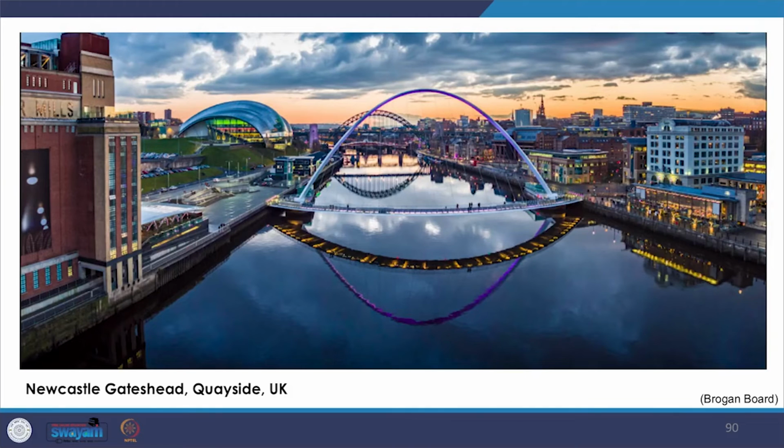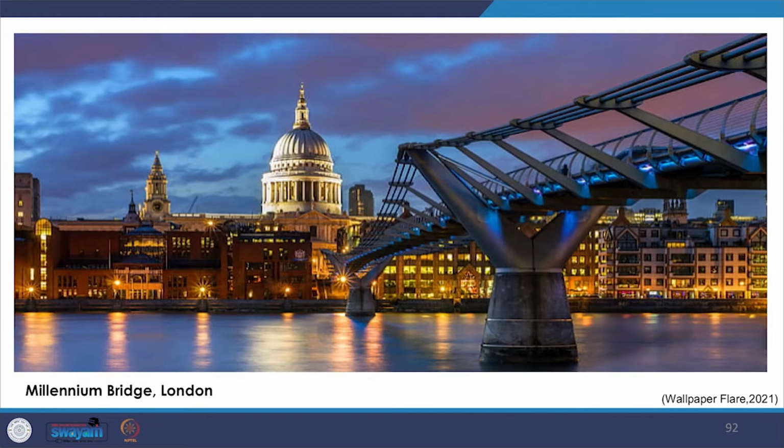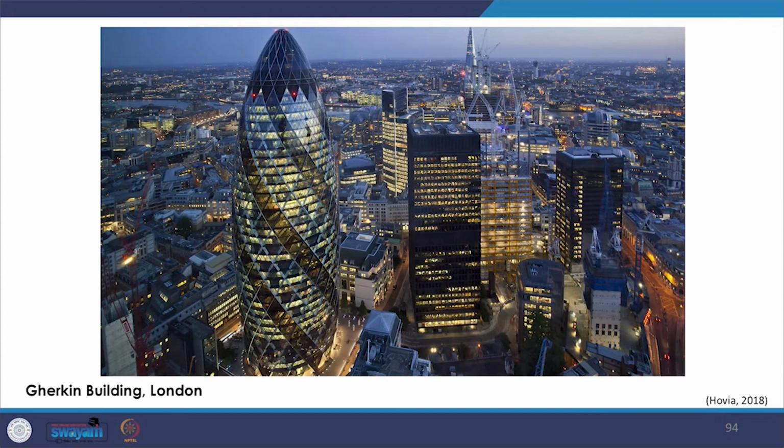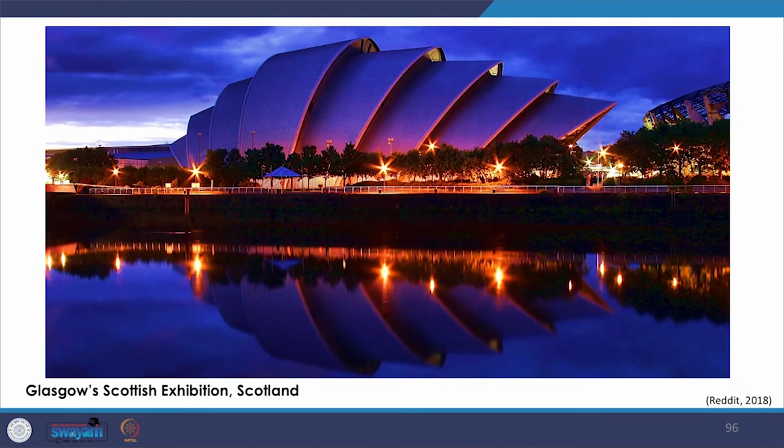Examples identified within this concept include Newcastle Gateshead Quayside in the United Kingdom. You can see another example, the Millennium Bridge, London. The Gherkin Building in London is yet another example which attracts tourists. You can see Glasgow's Scottish Exhibition which supports mega projects to host culture in cities.